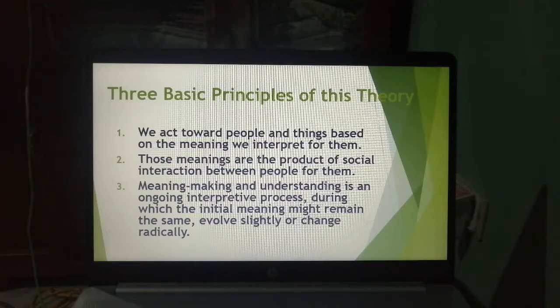The third one is that meaning making and understanding is an ongoing interpretative process during which the initial meaning might remain the same, evolve slightly, or change radically. An example of this principle is in a restaurant with a waitress who approaches us as if she can help us and then takes our order.